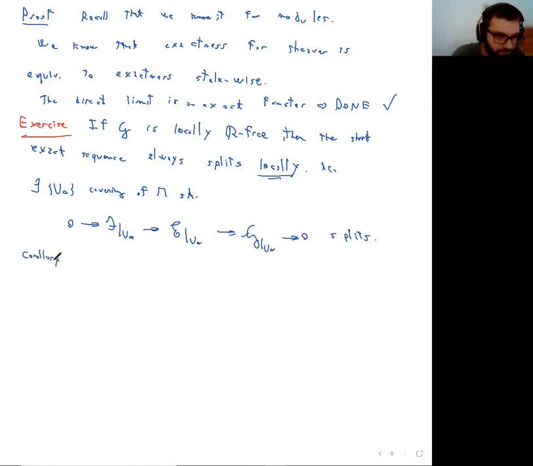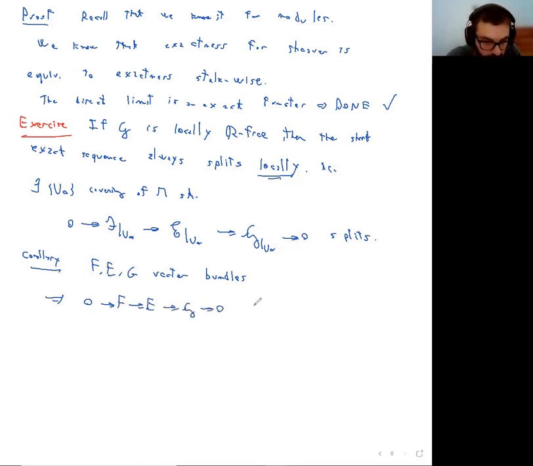And as a corollary, and this one kind of shows the power of these objects, if you have 3 vector bundles and a short exact sequence between these vector bundles, then it always splits.